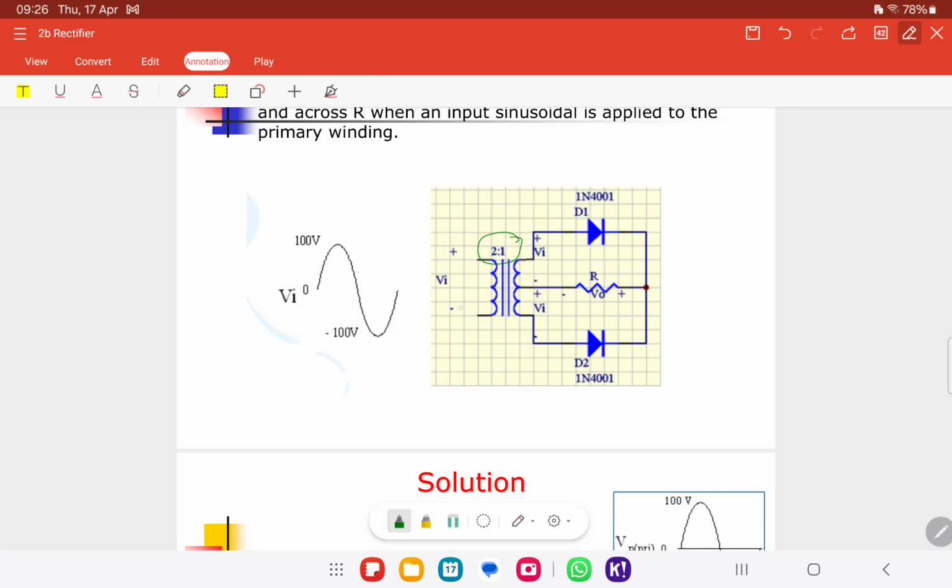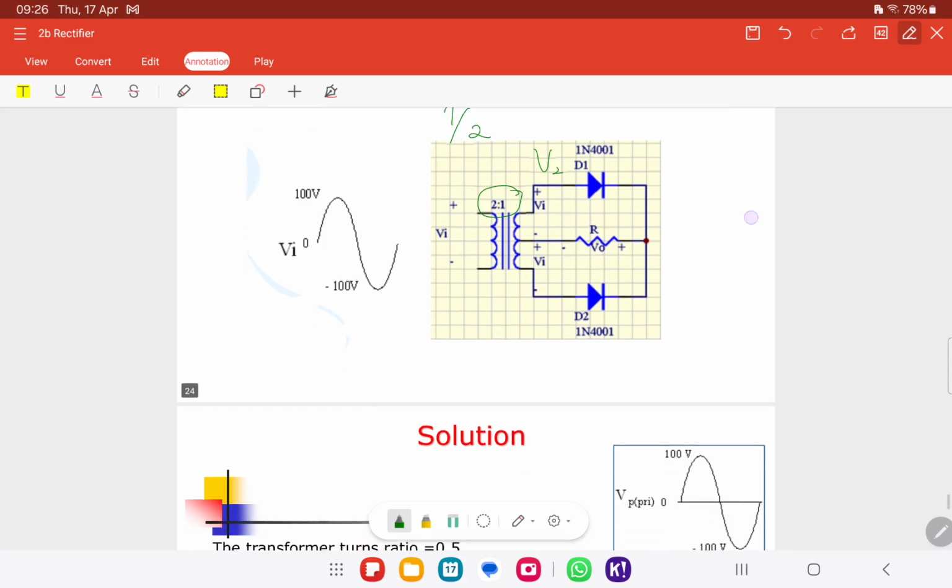If now we have 2 at the primary and 1 at the secondary, is this transformer step up or step down? Step down, because the ratio is 1/2. Put V2 equal to half of V1. So it steps down, it reduces the value.